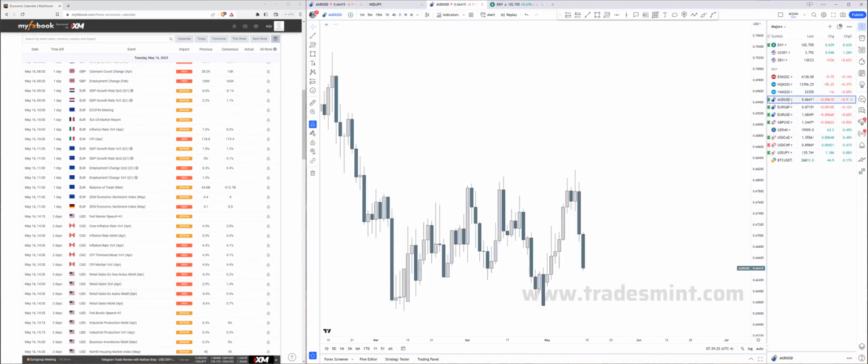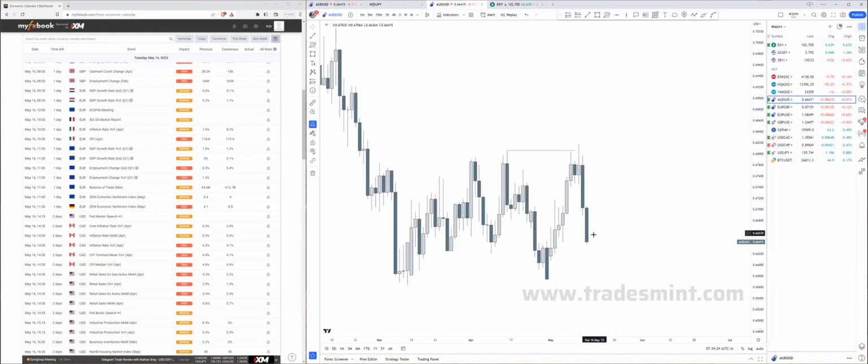If we take a look at the Australian dollar, US dollar, if Monday is consolidation, then Tuesday could spike into a fair value gap overlapping with maybe an order block, and then we could see lower prices, because Tuesday is a high volatility day. So then you're picking out the right day to trade. You are essentially picking out that low resistance liquidity run and using that economic calendar as your roadmap.